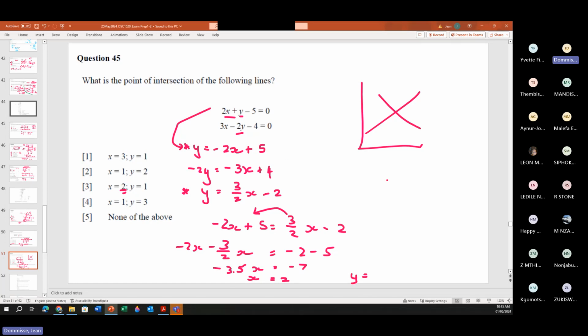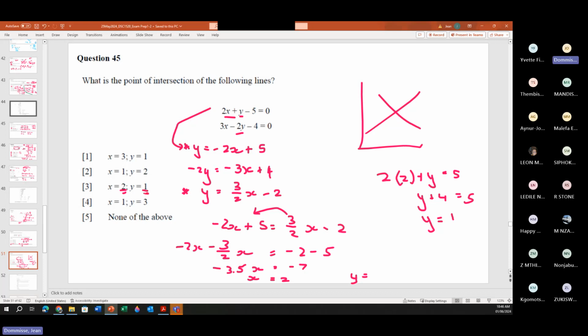So let's use the top one. 2 times 2 plus y is equal to 5. Y plus 4 is equal to 5. So if we subtract 4 on both sides, y is equal to 1.